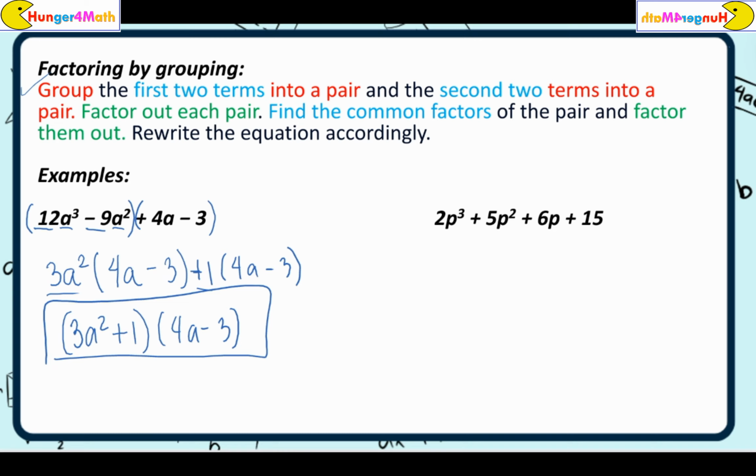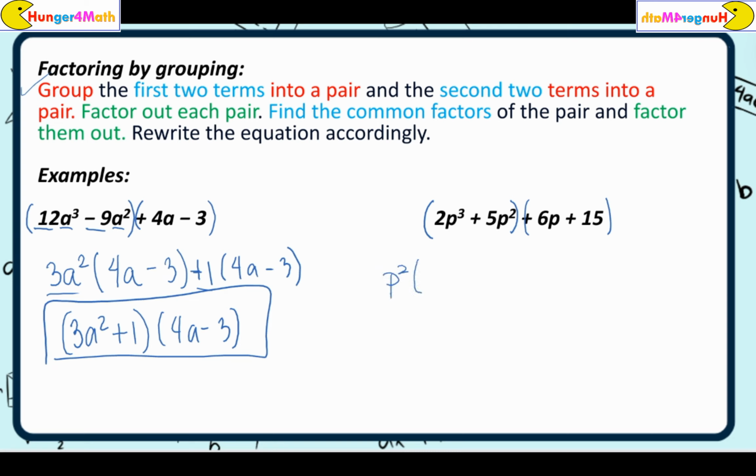Next, we have 2p cubed plus 5p squared plus 6p plus 15. So let's group them into 2. This will be our first group, and this will be our second group. So 2 and 5, there's no GCF for that, but we can get from p cubed and p squared, and that is p squared.